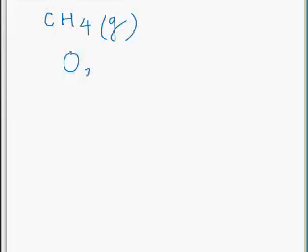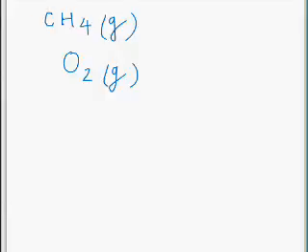We know that methane is a gas, so we can write methane as CH4 (g). Oxygen is also a gas, so we will write oxygen as O2 (g).